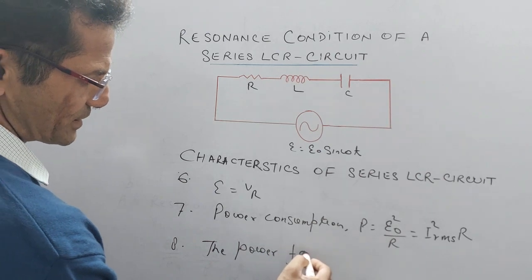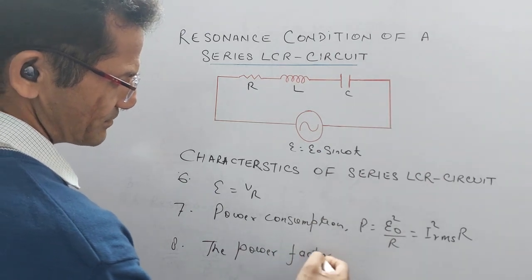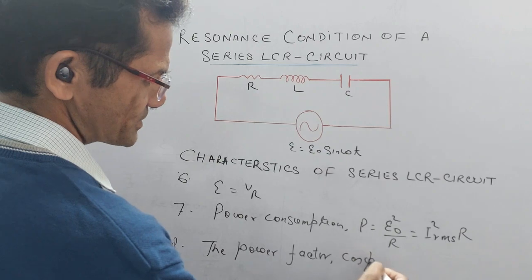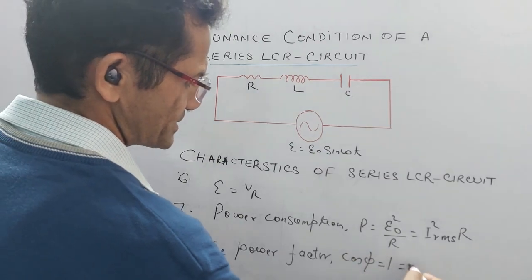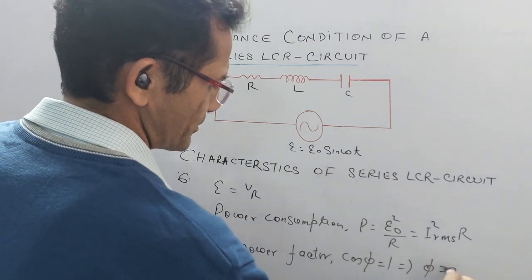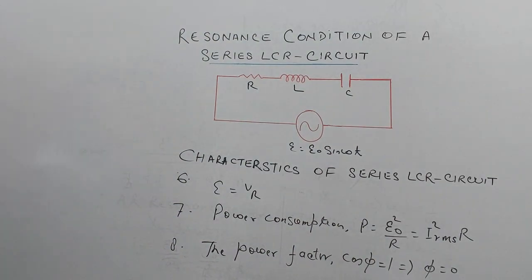We represent the power factor by cos phi. Cos phi is equal to 1, which means phi is equal to 0 because current and voltage are in the same phase.